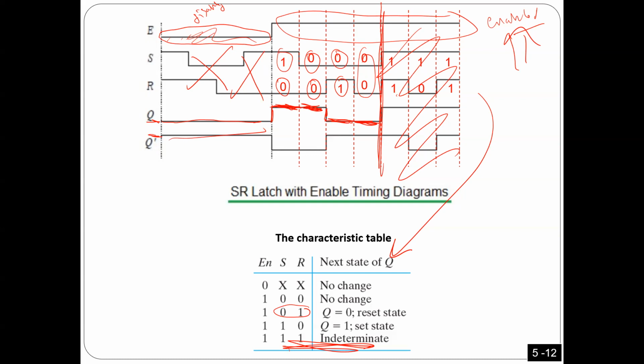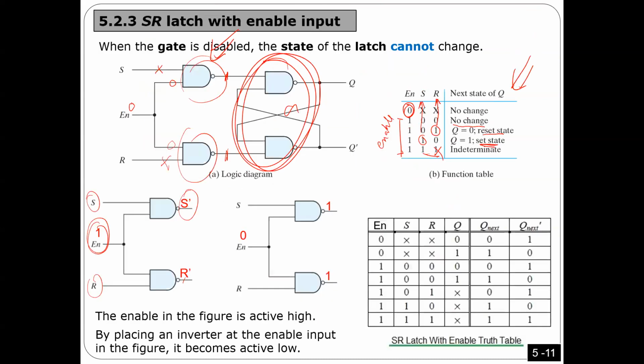In the forbidden case, if you input here 1 and 1, and this one is 1, you're going to get here 0 and 0. And then if you have here 0 and 0, you're going to have 1 and 1 here. You understand what I'm saying?